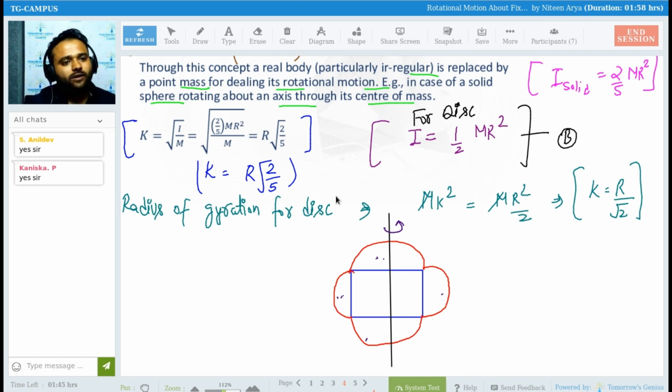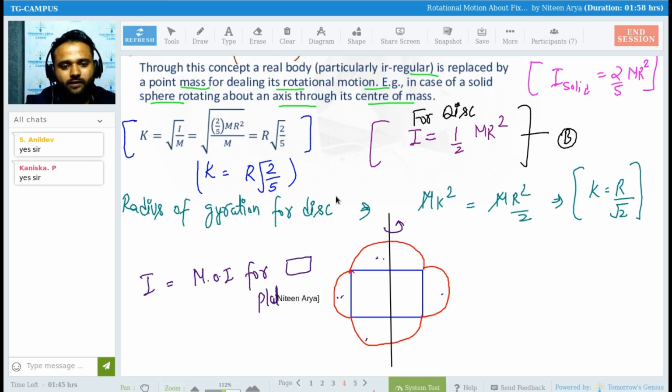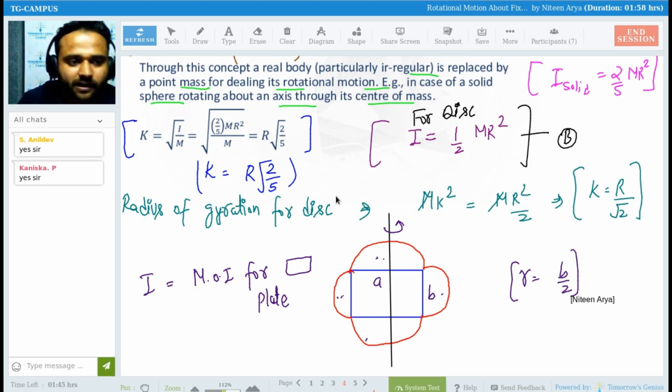When you combine those, you can get the total moment of inertia, that is the moment of inertia for a square plate, or a rectangular plate. Suppose the rectangular plate has dimensions B and A, and automatically the radius r is going to be b by 2, isn't it? You can see that from this diagram because it is a diameter.